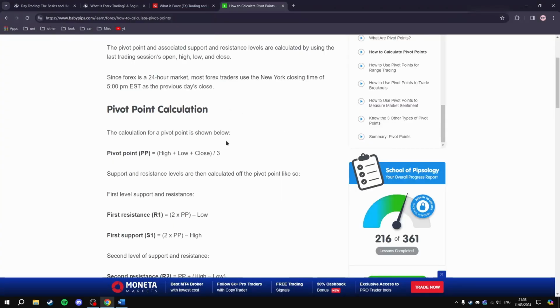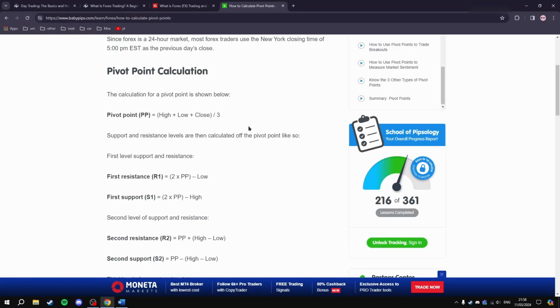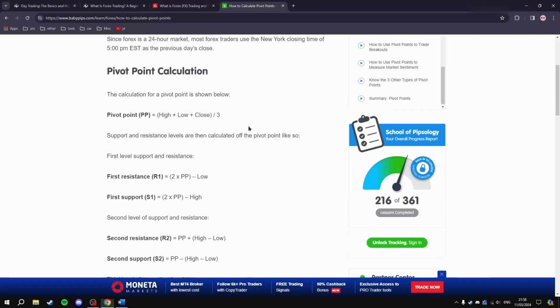Since Forex is a 24-hour market, most Forex traders use the New York closing time of 5 PM Eastern Time as the previous day's close.